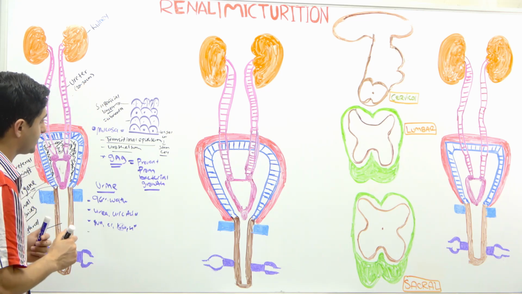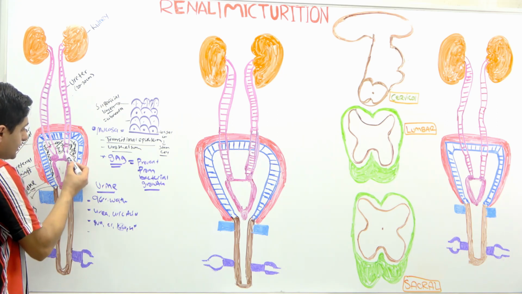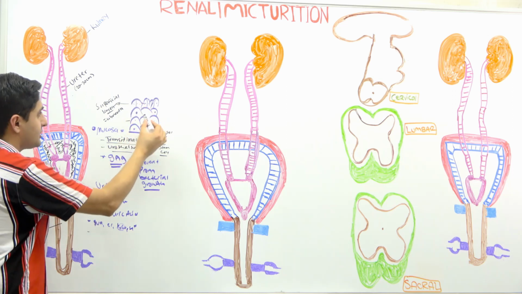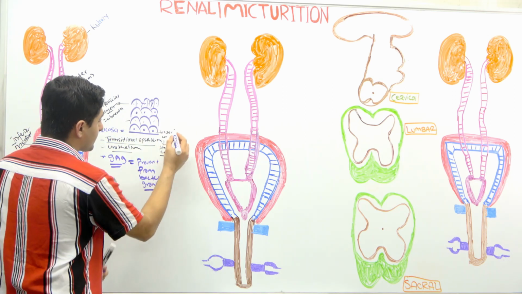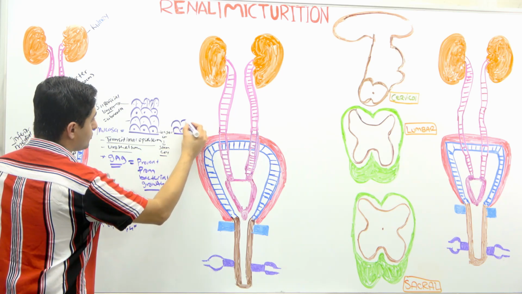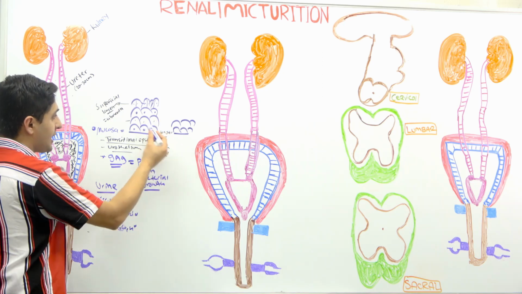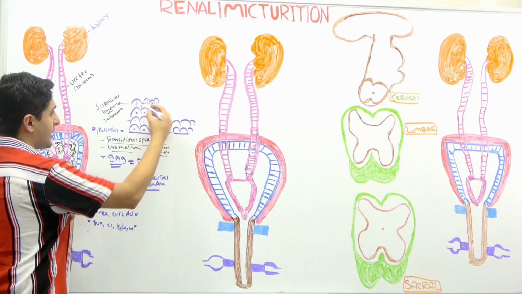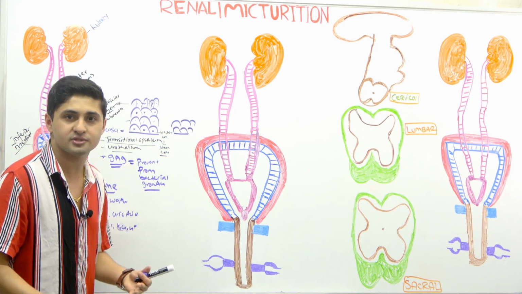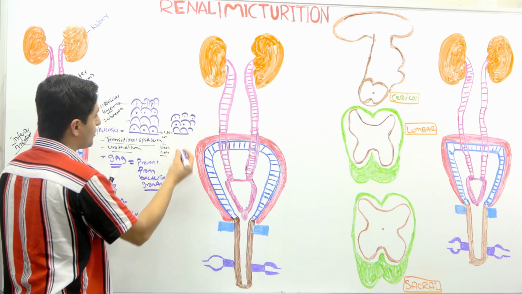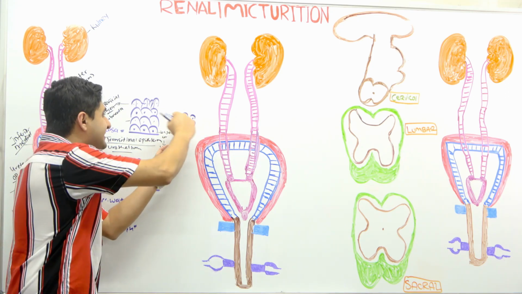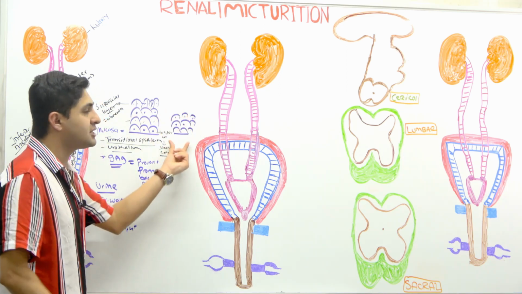The reason we call it transitional is, look, when the bladder is not filled, the cells appear like this. But as urine starts accumulating, it causes stretch on these cells. Remember, there are lots of layers. The umbrella cells convert into squamous, flat cells, so there is a reduction in the number of layers as they get stretched. That means these cells have changing properties, and that's why we call them a transitional epithelium.